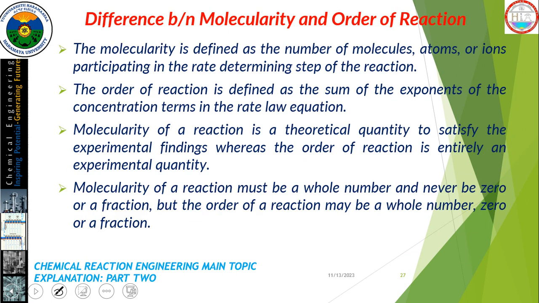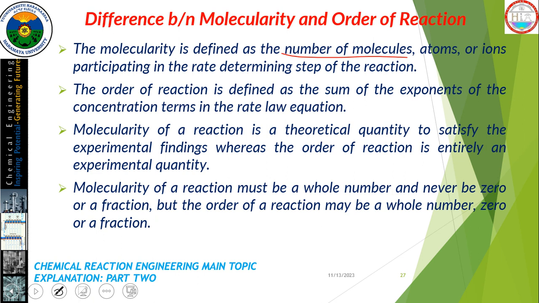Now let us see the difference between molecularity and the order of the reaction, because the terms molecularity and order in chemical reactions cause confusion. Molecularity is defined as the number of molecules, atoms or ions which participate in a chemical reaction and which determine the rate.